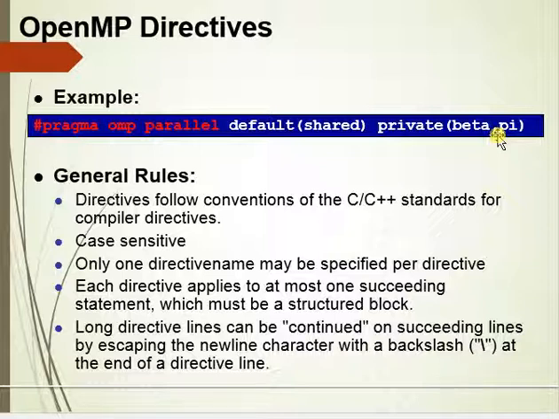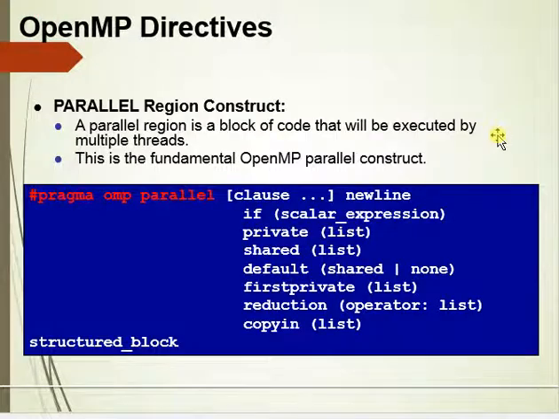This slide tells about the parallel region construct. A parallel region is a block of code that will be executed by multiple threads. Here the example shows #pragma omp parallel clause. This is optional.